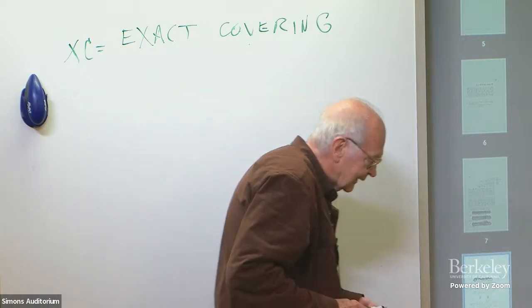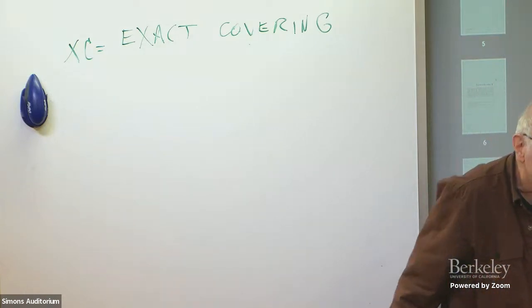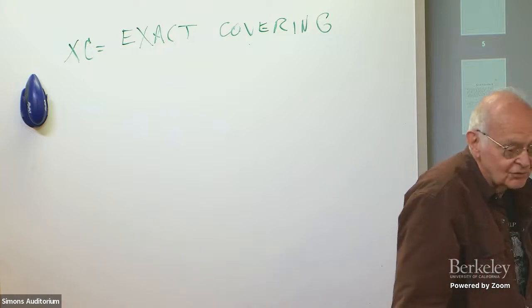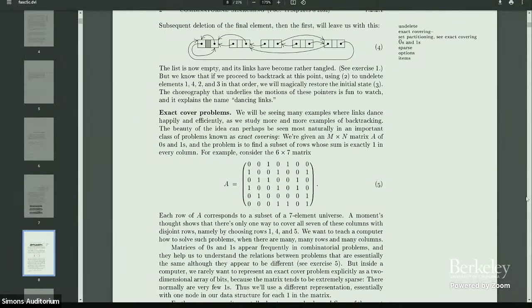You can see it as a matrix, for example, of zeros and ones. To get an exact cover, you want to choose a subset of the rows so that the sum is 1, 1, 1, 1, 1, 1, 1. So I want to choose rows so that every column is covered exactly once.